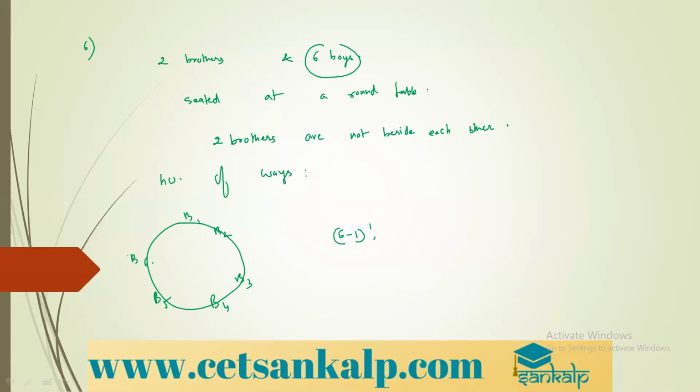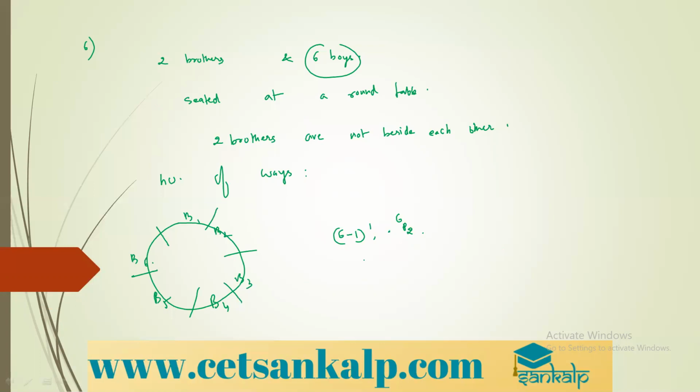Now the 2 brothers are not to sit beside each other. That means they have these options so that they will not be beside each other. So there are 6 places and 2 brothers have to be arranged.